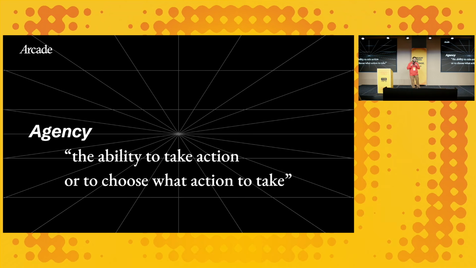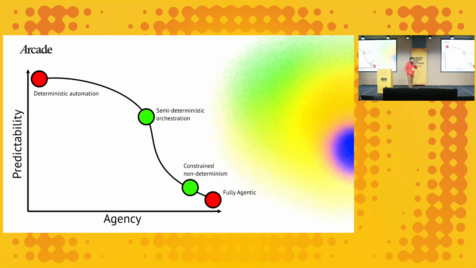For me, the important thing about agents is defining what agency means for that specific job to be done, which is the ability to take action or to choose what action to take. It is a simple phrase, but with quite a big implication, quite big side effects, if you wish. So I like this plot, which is agency against predictability.